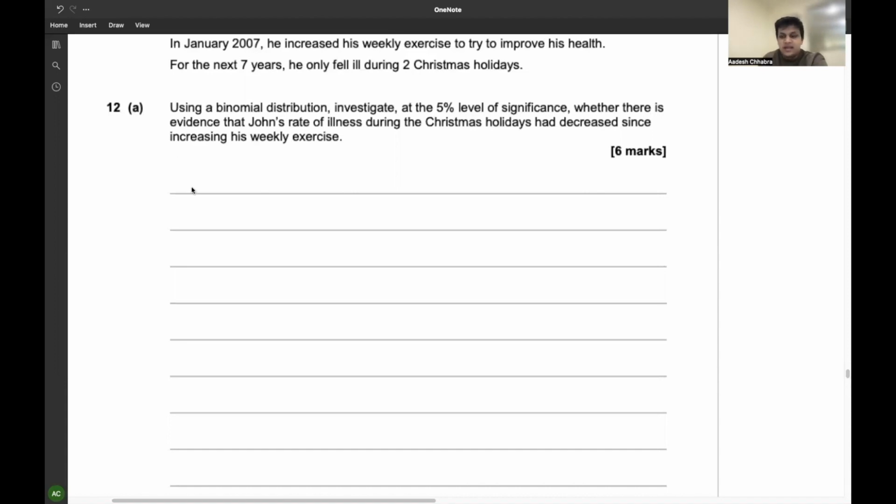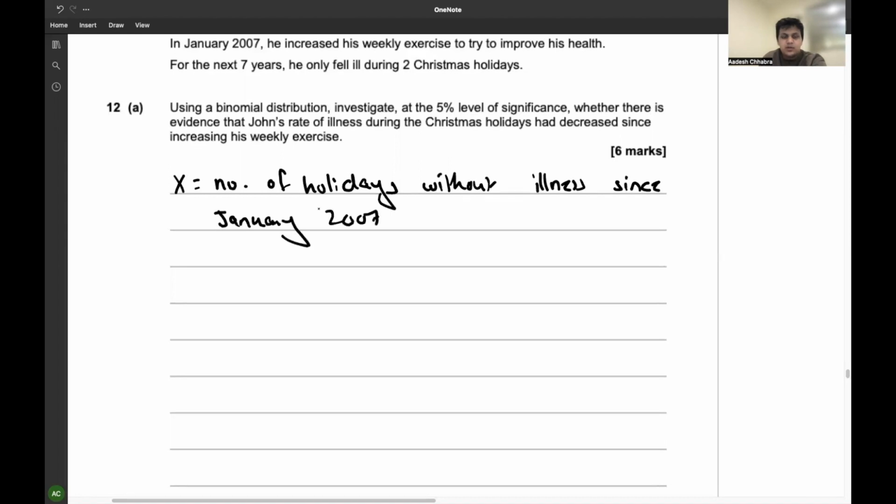So here, what we can do is determine a variable X, which is the number of holidays without illness since January 2007. So once we define this, what we can do is then carry out the binomial distribution of this.